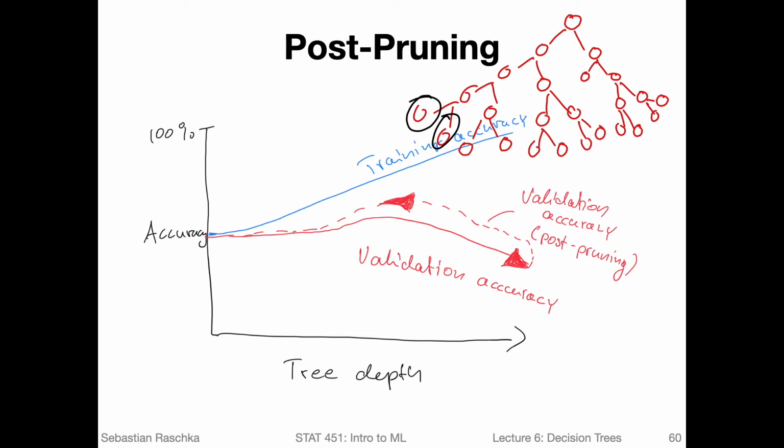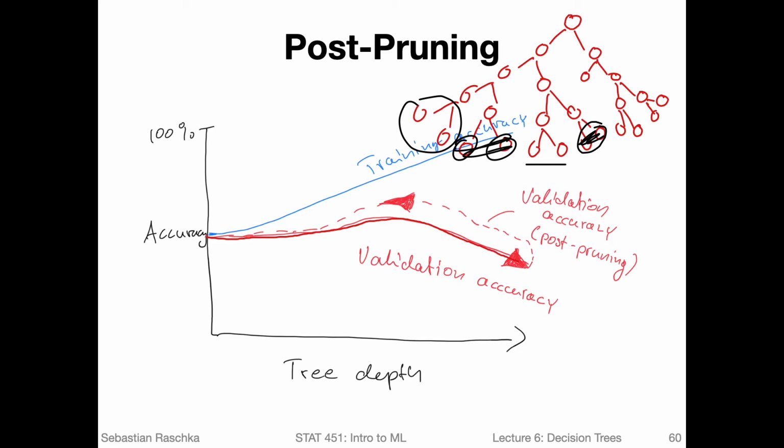So you go steps back, you just remove nodes. Maybe you remove those 2, but you leave these 2 here. Or you remove these 2, but leave these 2, and so forth. And usually in practice, what you can see is that the validation set accuracy recovers. So when you are growing the tree, you may observe that the validation set accuracy goes down.